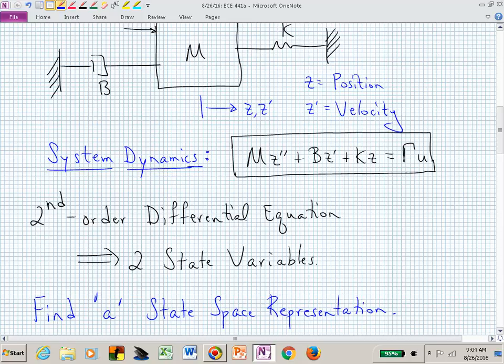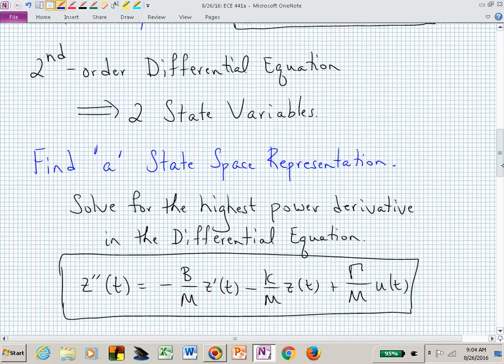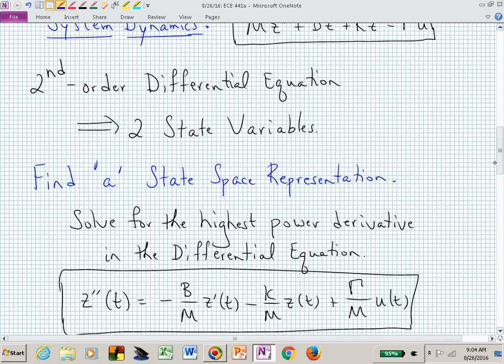And because we have two state variables, we now need to find an equation for each of those state variables' first derivative. Our state variables are going to be, well, I'm getting ahead of myself. They will be z and z prime, the position and the velocity.